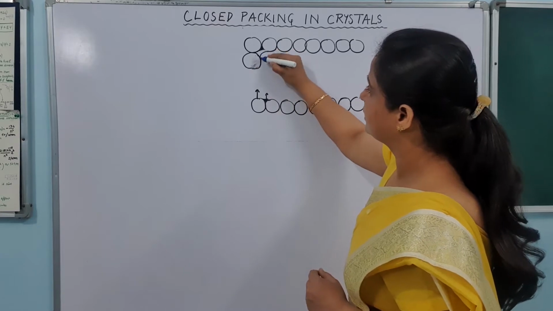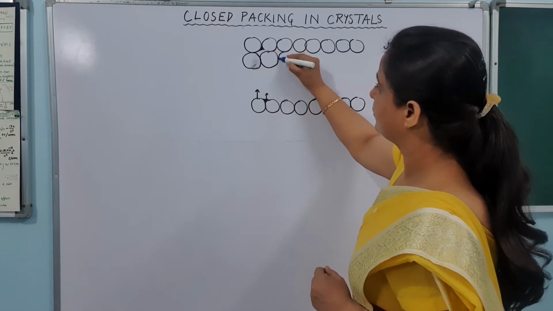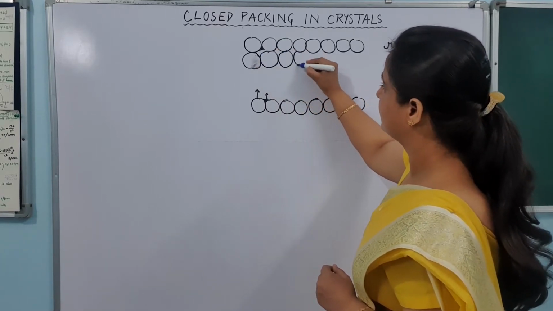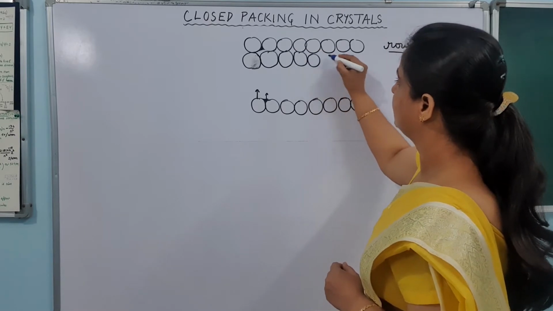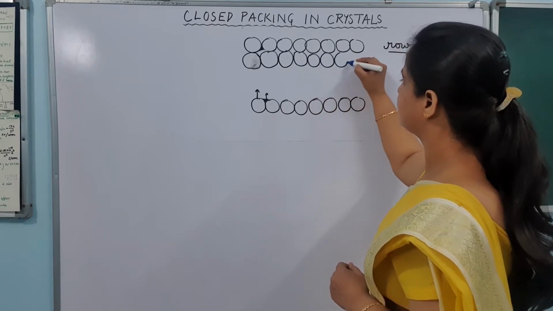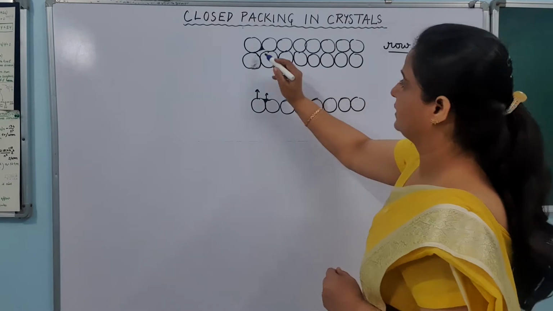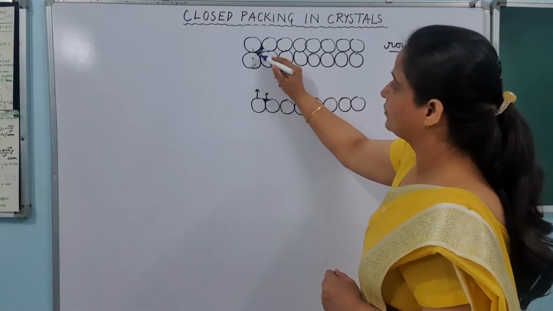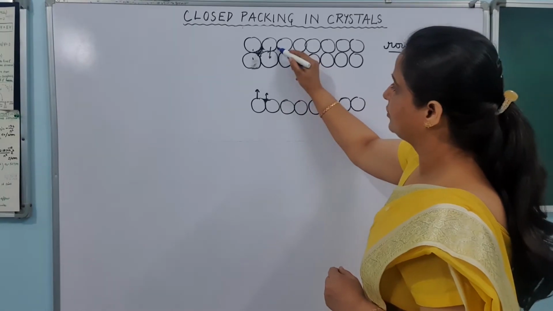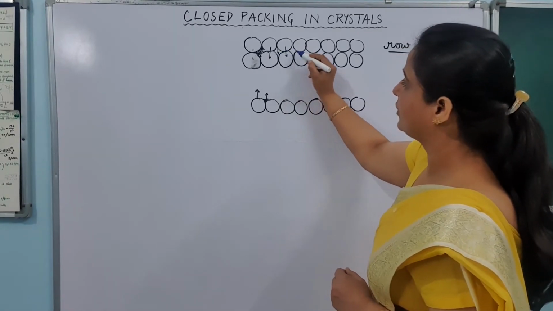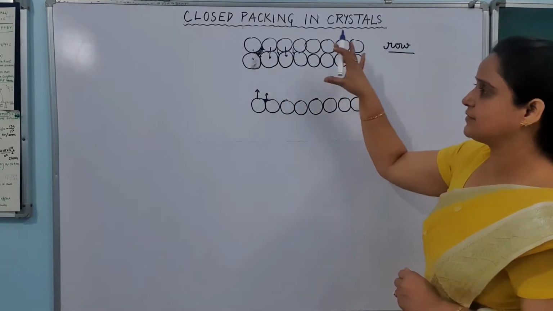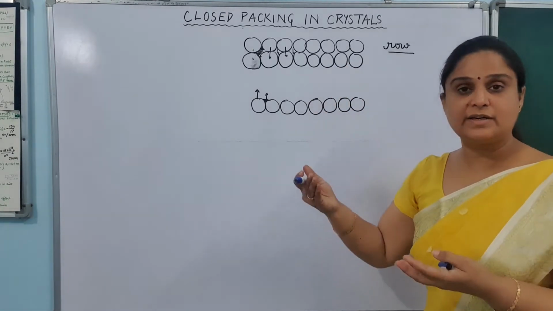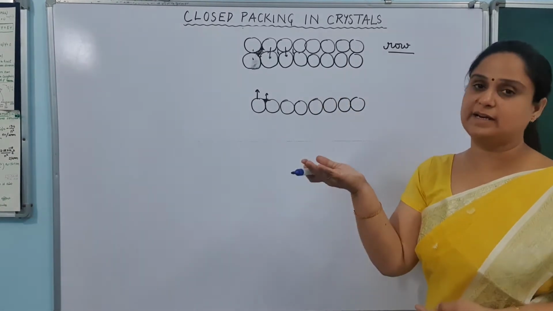Ball after ball, groove after groove. Can you understand now? So this is one possibility, and this is one method by which you can set the second layer.